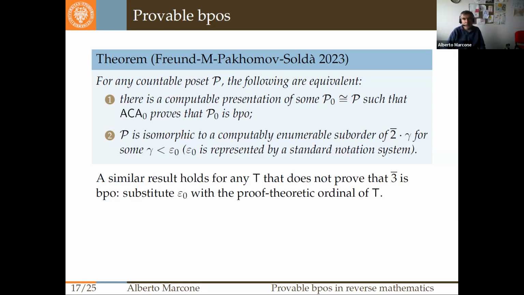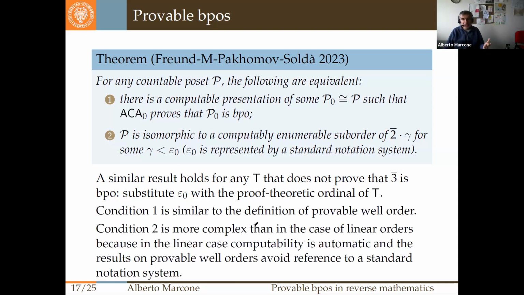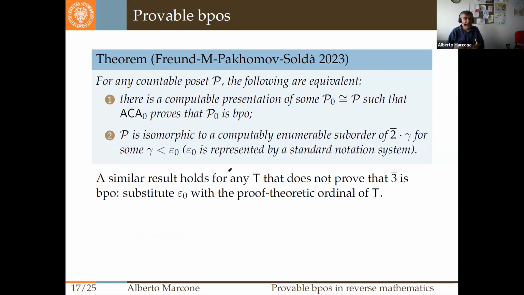Now let's look at what happens. We have a countable poset P, which lies outside the, let's say, subsystems of second order arithmetic. It's just a countable poset, right? And we want to say, when is it provably a better partial order in a theory such as ACA naught? So statement one is just the version for partial orders and better partial orders of the usual definition of what it means that an ordinal is provably well ordered in some theory, right?